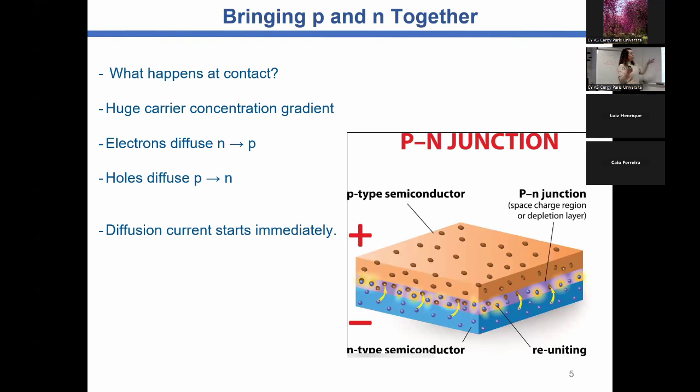So in terms of the contact, the diffusion current starts immediately. If you could measure during the contact of the materials, you would measure one current just due to the diffusion.